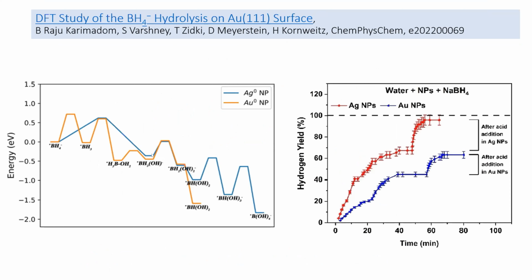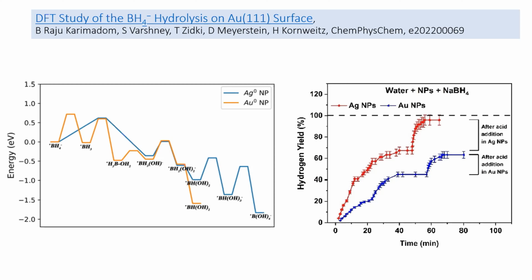Here we are studying the mechanism of the hydrolysis of borohydride on silver. This is the blue line, and on gold, this is the brown line. So we can see that the first step of hydrolysis has a higher barrier, then we get BH3OH minus, the blue line is silver.